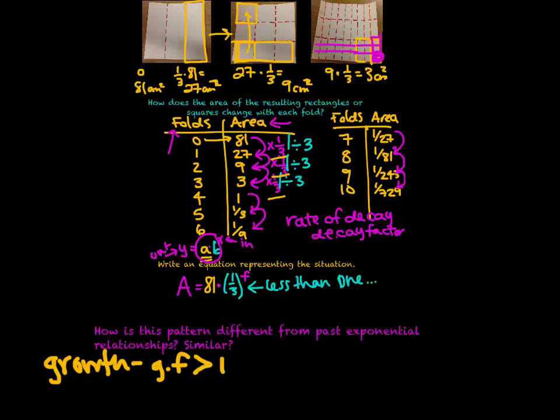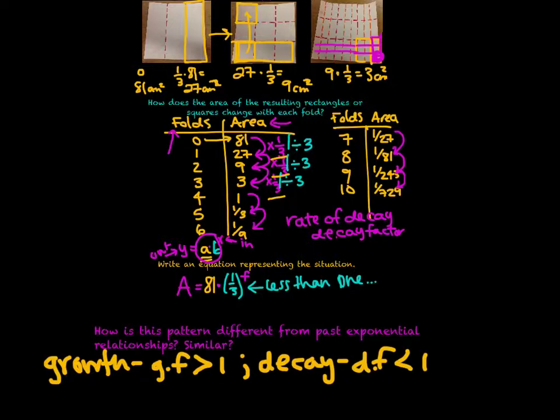In this situation, decay, our decay factor is less than 1. So essentially, our decay factor is going to be 0.9, 0.8, in this case 1/3, or 0.333 repeating, but it's going to be less than 1.